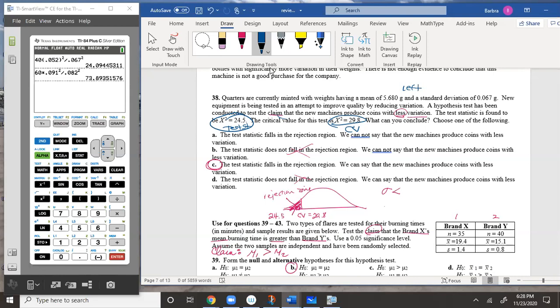Put the critical value bounding that region to the left. They say the critical value is 29.8, so I'll label that there. The test statistic is smaller, so it's inside the rejection zone. So the test statistic falls in the rejection zone, and we can say the new machines produce coins with less variation. So C is the correct answer.